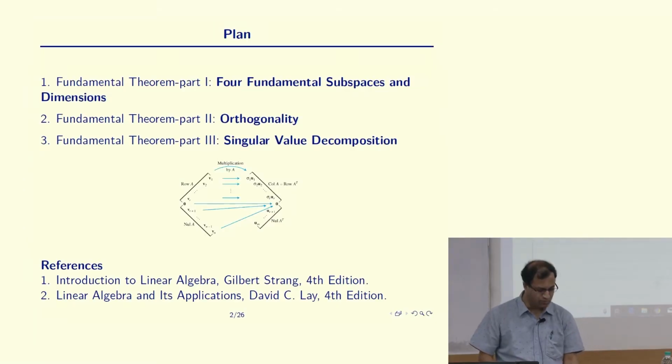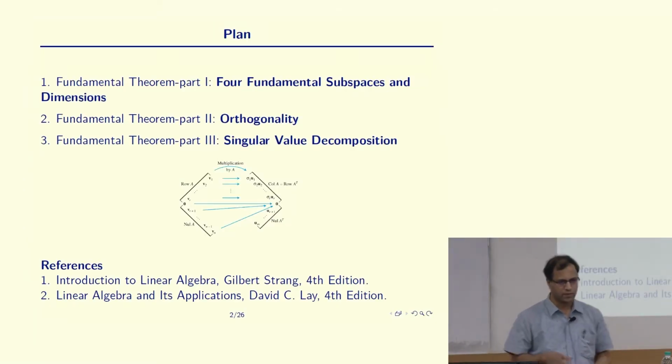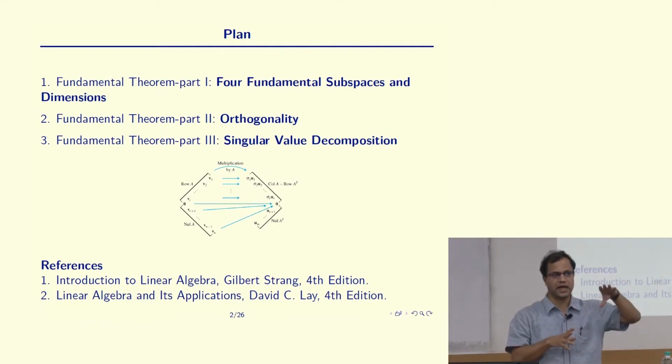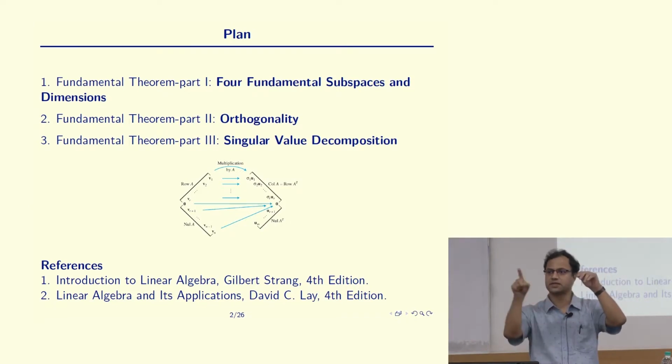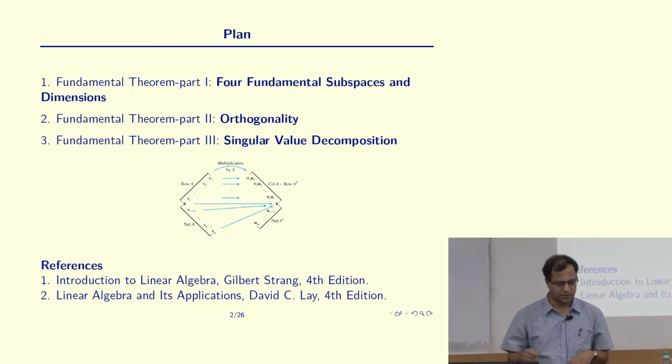So what we want to do is make this mapping more explicit, in the sense that we'll be choosing some kind of orthonormal basis vectors from each of the four fundamental subspaces, and show an explicit relationship between them. For example, you can see in this picture, we are choosing vectors v1, v2, vr, and then vr plus 1 to vn, a total of n vectors from Rn.